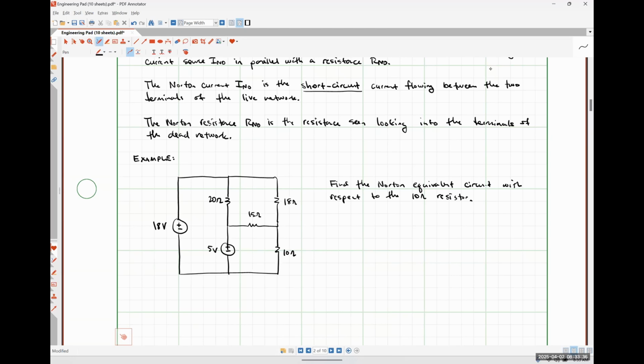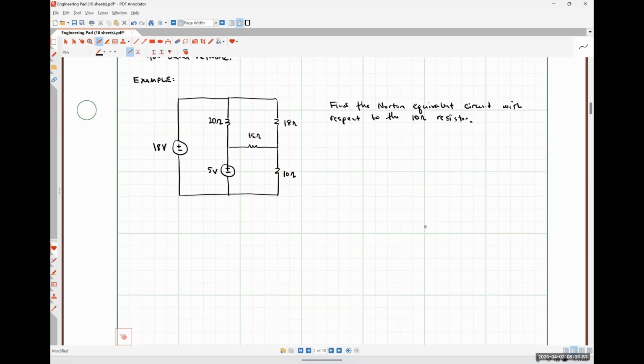Like I said previously, on your homeworks, on your exams, things like that, you will always be told what direction to assume anyway, but I'm just trying to make sure that you're aware of the rules in case you have to do this on your own without assistance, okay? So the only thing we're actually going to bother finding here is the Norton current because we already found the Norton resistance since we found the Thevenin resistance, okay?